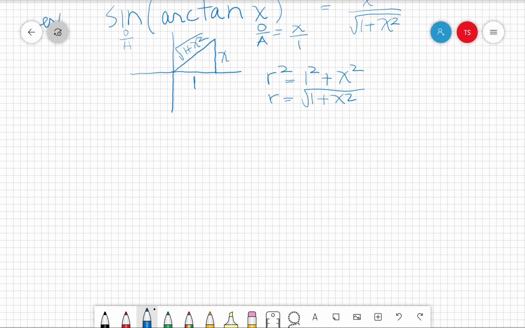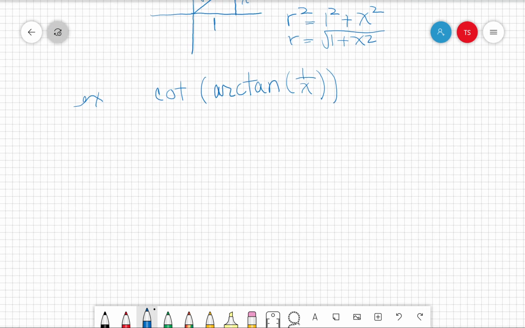Another quick example like that. Let's say I find the cotangent of the arctan of 1 over x. So I'll draw my triangle. Here's my theta. My tangent is 1 over x.